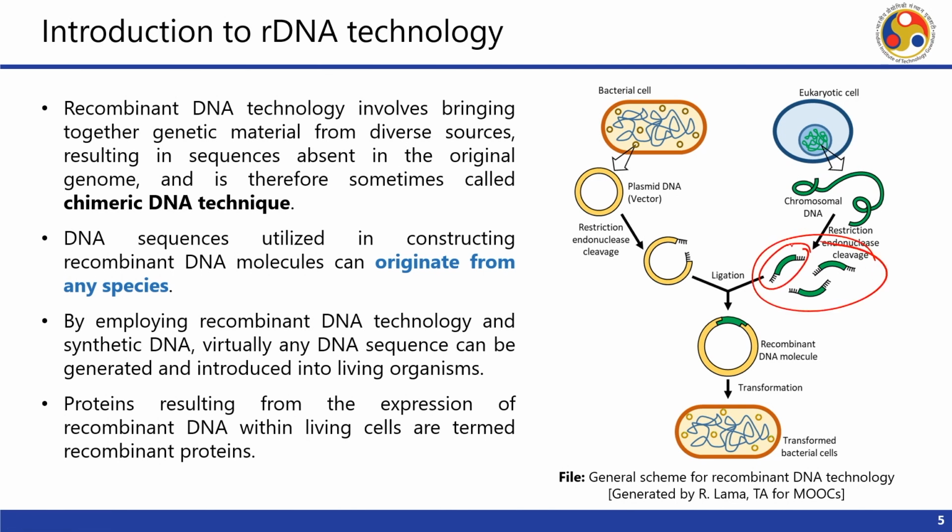Now these small fragments of DNA we can insert into this vector by a process called ligation. So here these are the products as a result of this entire procedure, and this particular vector molecule carrying the gene of interest is known as the recombinant DNA molecule.